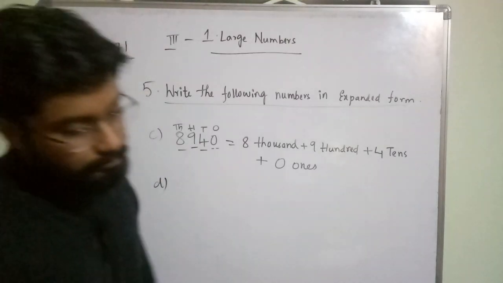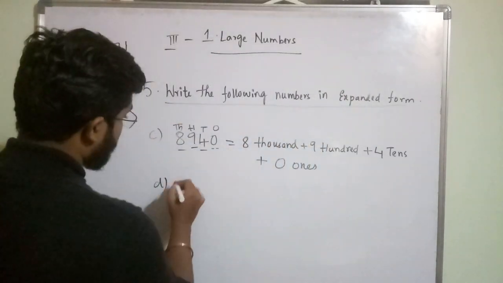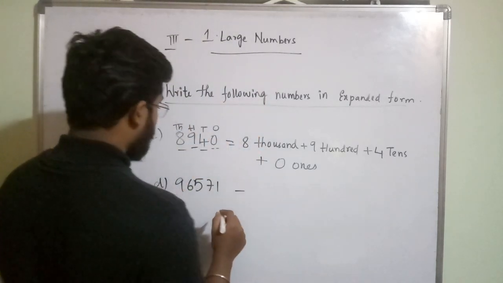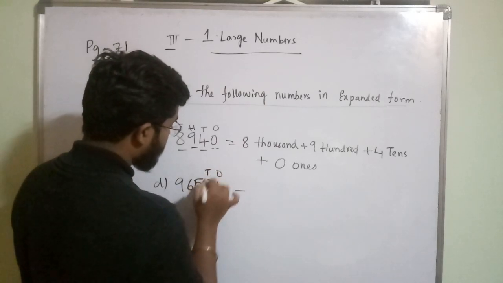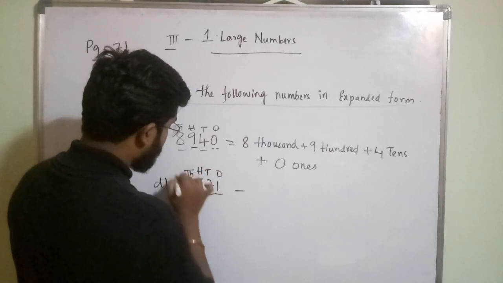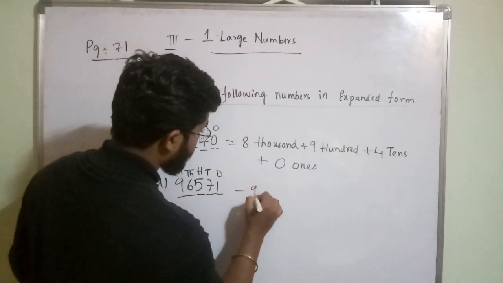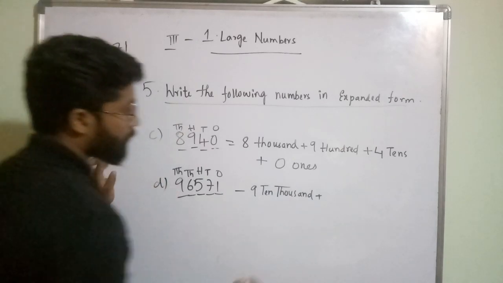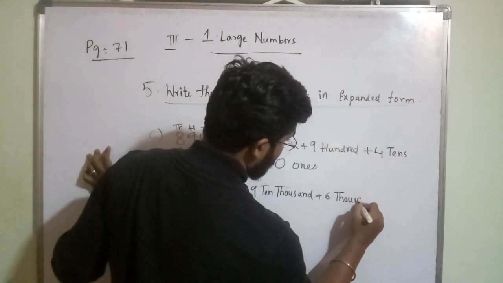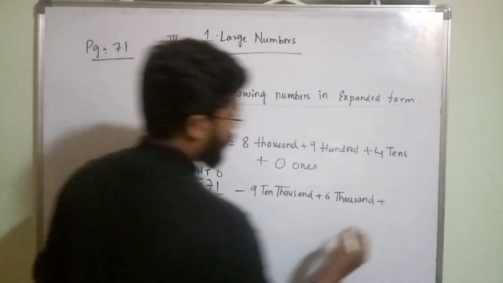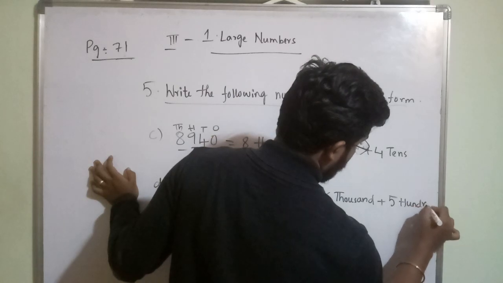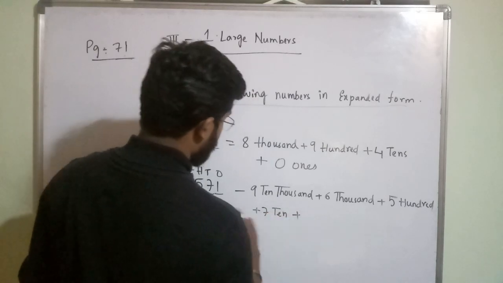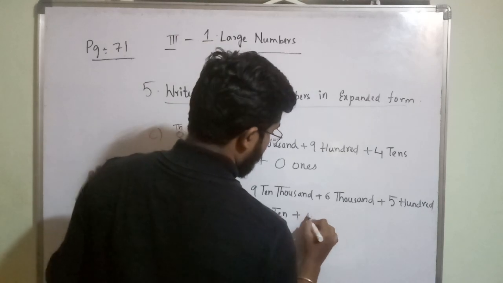Next one, 96,571. So ones place, tens place, hundreds place, thousands place, 10,000s place. 9 10,000s plus 6,000 plus 500 plus 7 tens plus 1 ones.